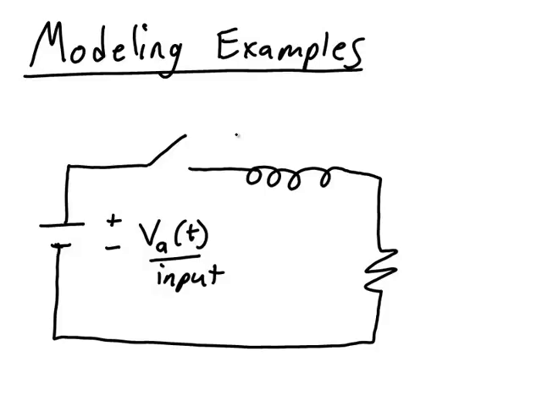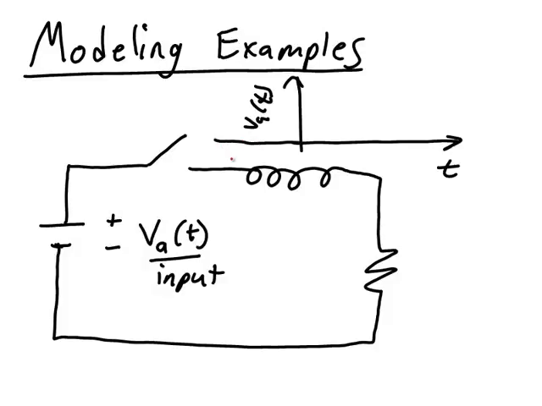What kind of an input would this give us if we close the switch at time equals 0? A step input. You can see this if we imagine what the voltage applied would be over time. When time is less than 0, the switch is open, so the circuit, not being closed, has no voltage being applied, 0.